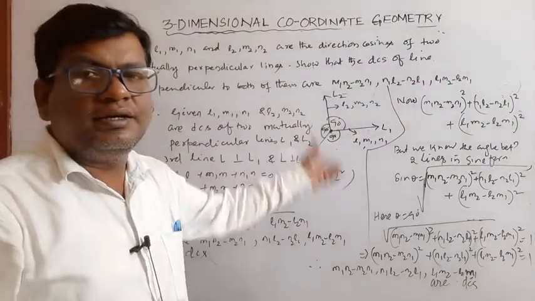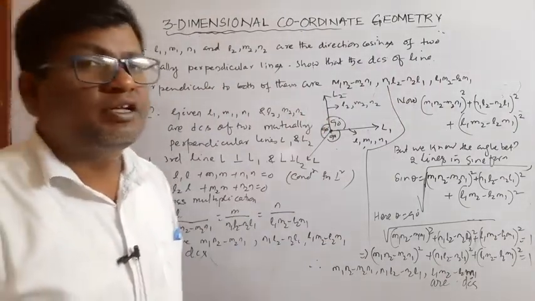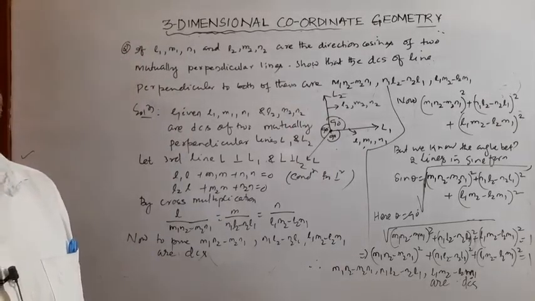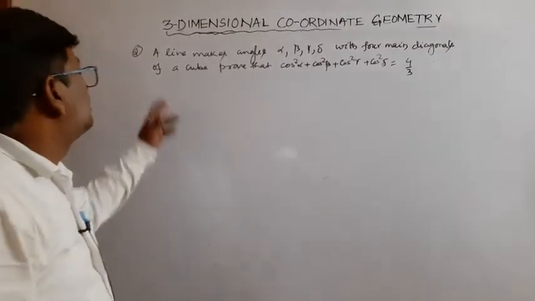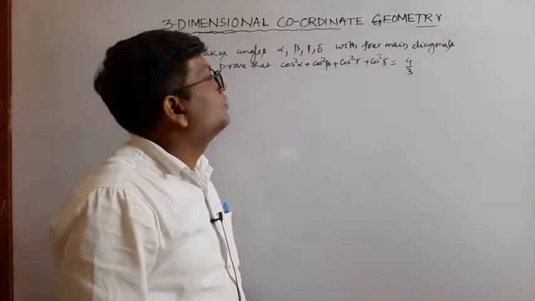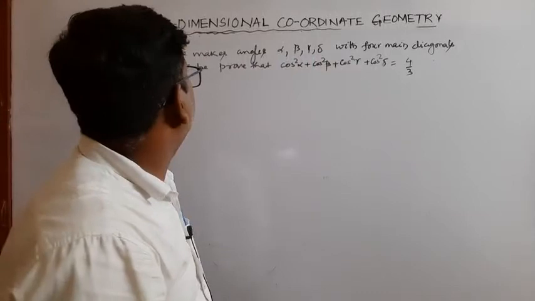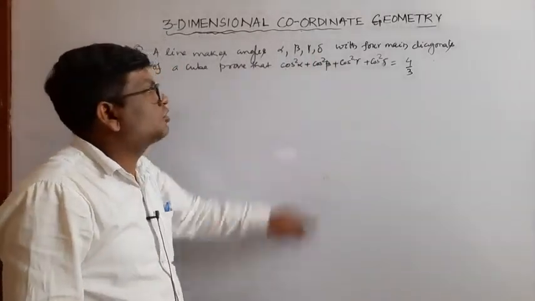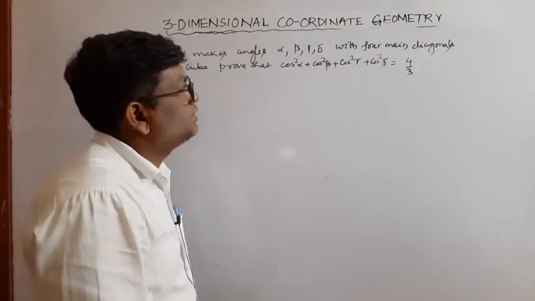This is a textbook problem, an example from the textbook. Prove that if a line makes angles alpha, beta, gamma, delta with the four main diagonals of a cube, then cos square alpha plus cos square beta plus cos square gamma plus cos square delta is equal to 4/3.